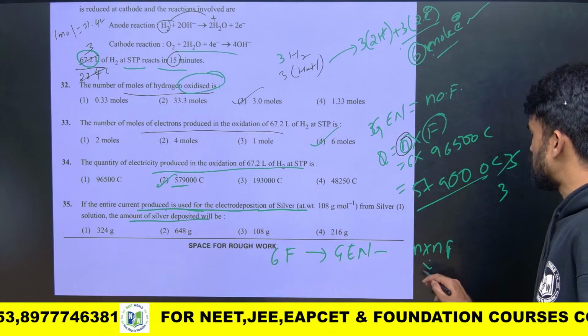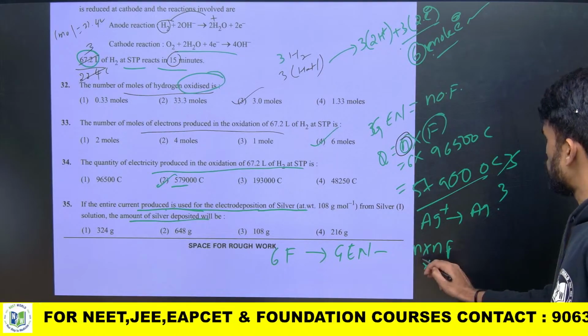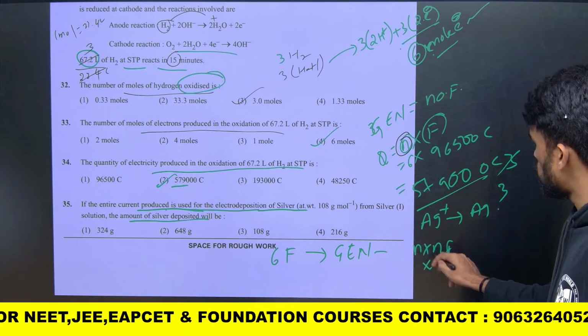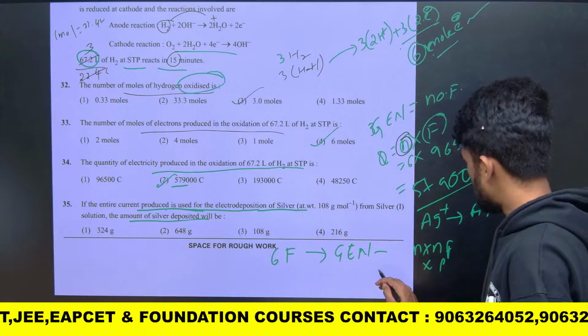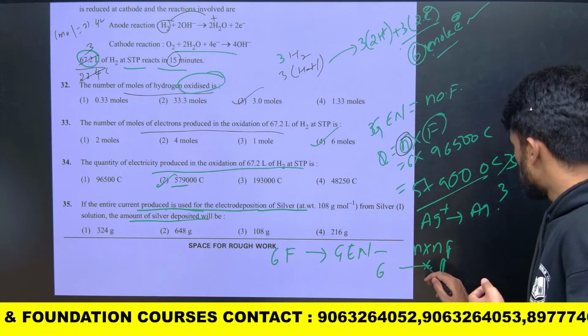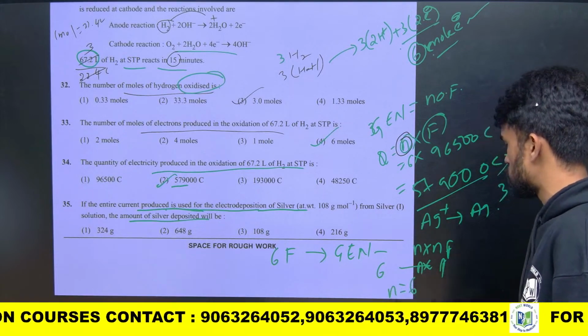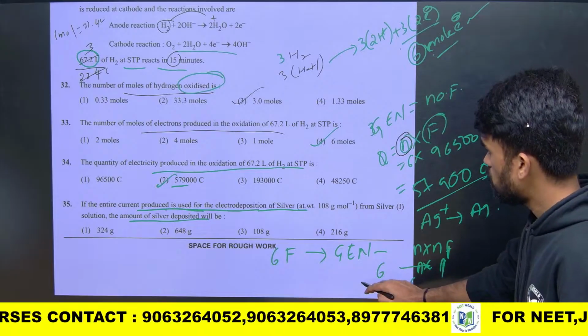So what is the n-factor? Ag+ is converting into Ag. It means what is the n-factor here? 1. Okay, how many moles is it? 6 Faradays for n-factor 1, so it will be 6 moles.